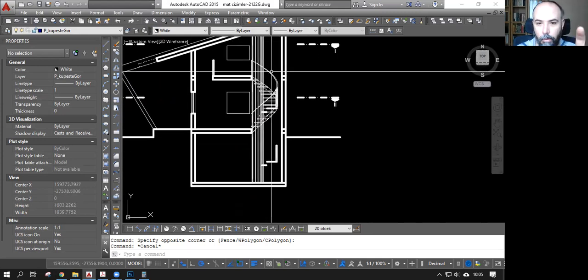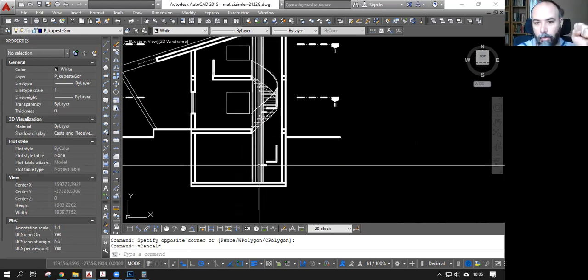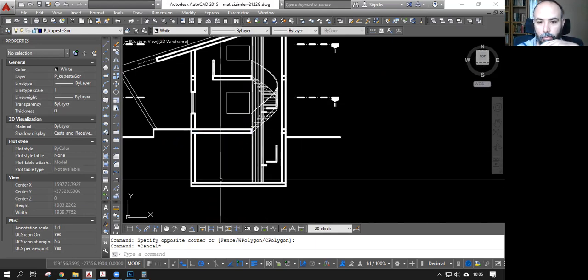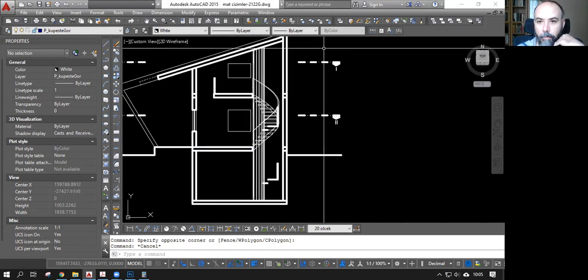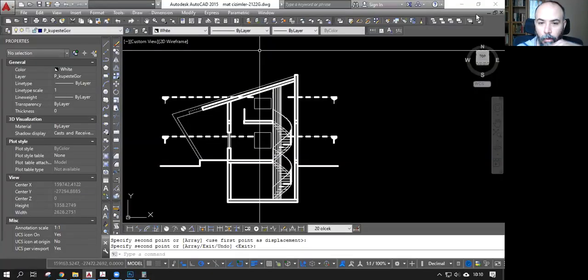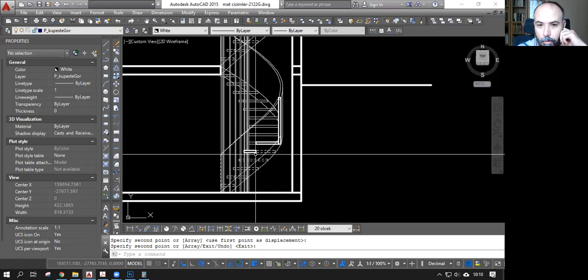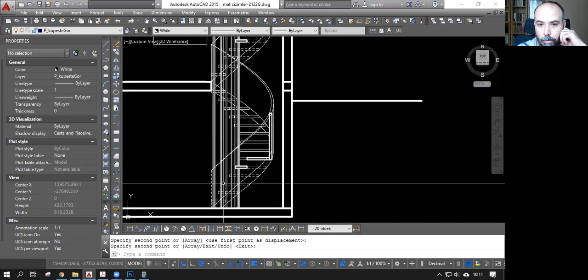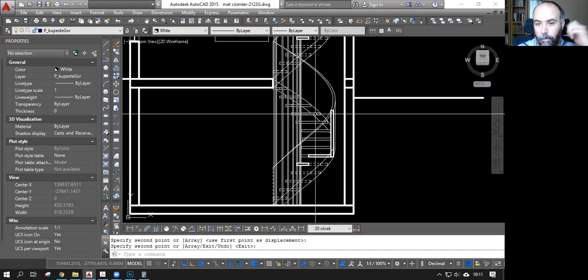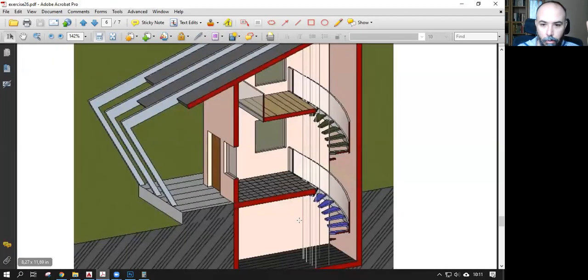I'm going to copy the exact same stairs here to one story below. So I finished the stairs. As you can see here, this is the first stair that is being represented in purple color between the basement floor and the ground floor.